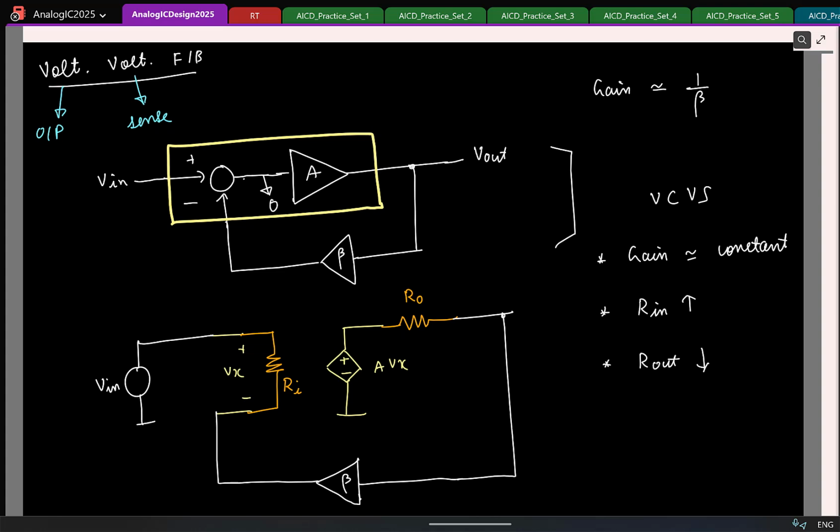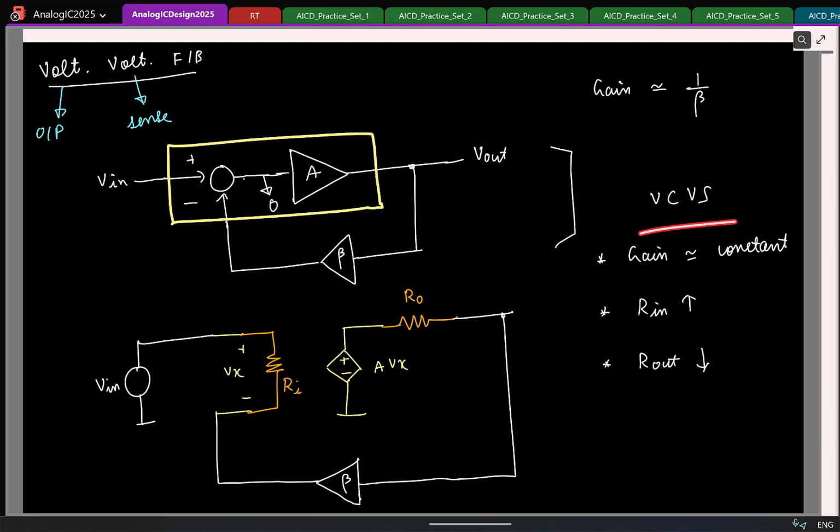The idea is, see here what kind of feedback we are looking at. Voltage feedback. We are trying to mimic what kind of controlled source? A voltage controlled voltage source. So if I put negative feedback on this controlled source, it becomes a better controlled source. That is why in this case, because we are interested in making a VCVS, with feedback the output resistance decreases and the input resistance increases.